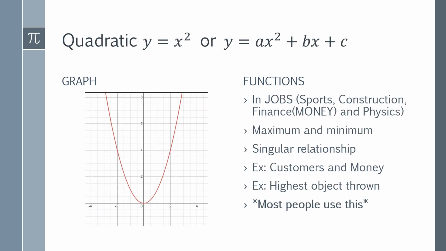Quadratics. Now, this mainly deals with just physics. You're dealing with the maximum of something. But it ties into money just like linear. Like I said, it's sports, maximum height, maximum money, maximum whatever you want to think of. It's still dealing with a singular relationship between x and y, like customers and money, highest object thrown. Most people use this.